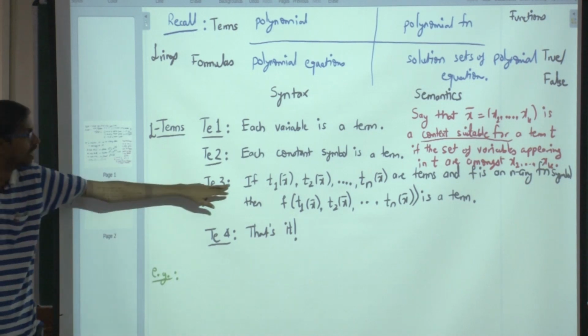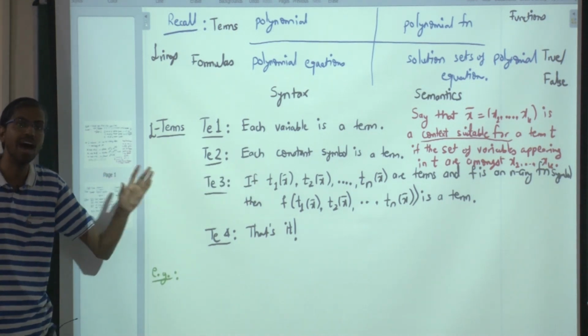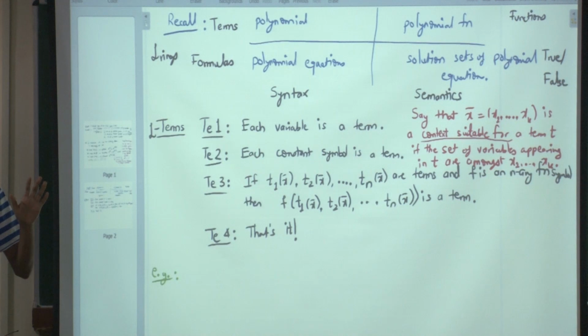So here what we are doing, T1, T2 and Tn are n terms which have been already constructed. Now if the set of variables used in them are different, then x bar is a context suitable for all of them together.